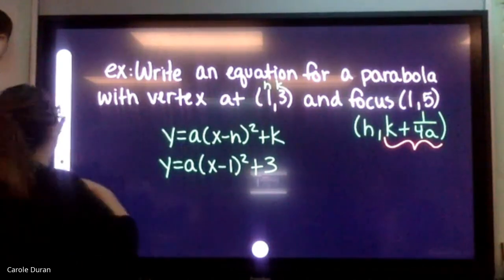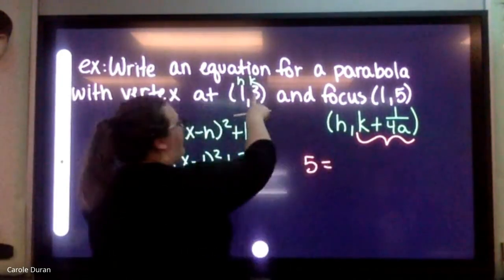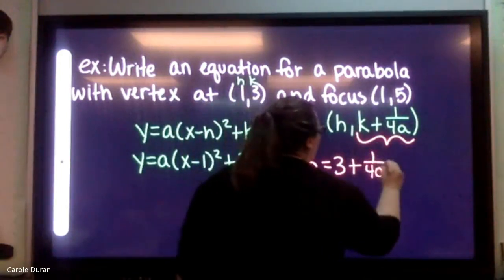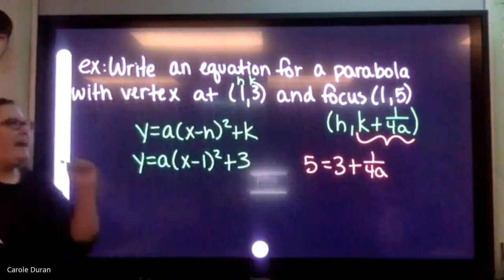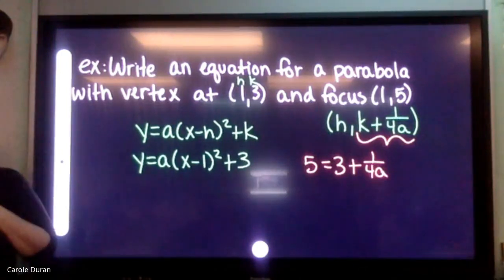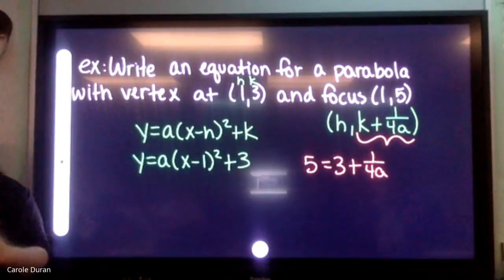I know that the y coordinate of my focus is 5, and I know that the k value from my vertex is 3. So this is actually equal to 5 equals 3 plus 1 over 4a. And now I'm going to do the same thing. I'm going to work backwards in order to determine what my a value was.